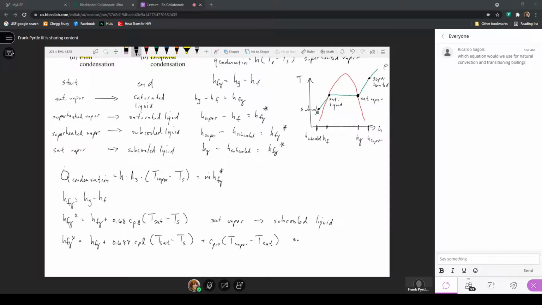This is if I'm going from a superheated vapor to a subcooled liquid.